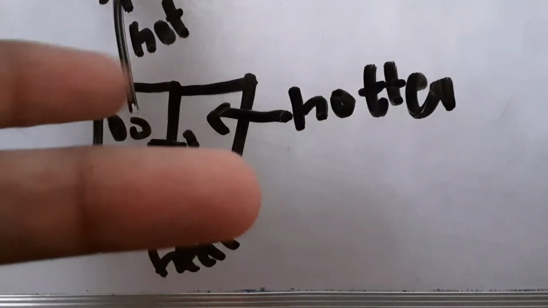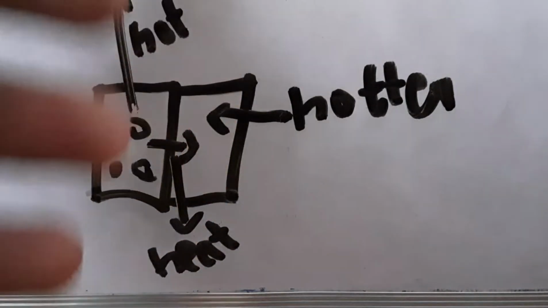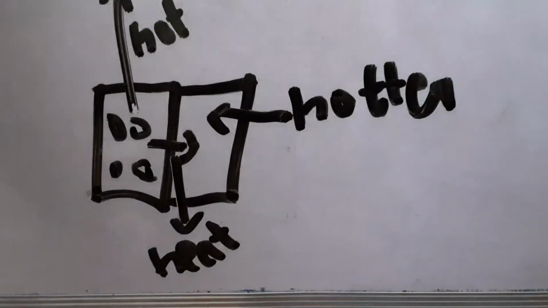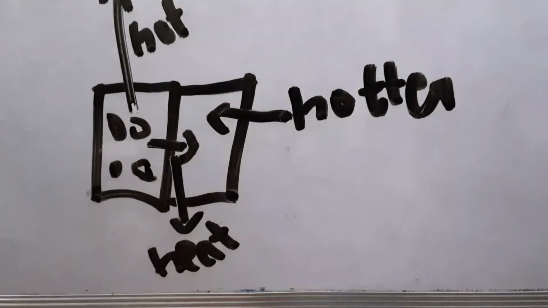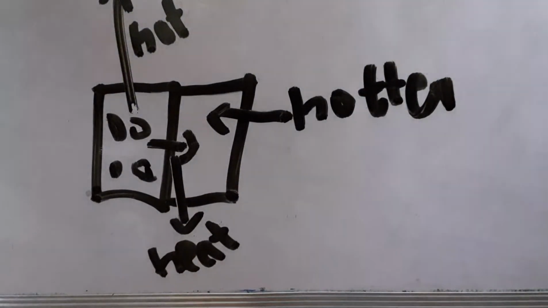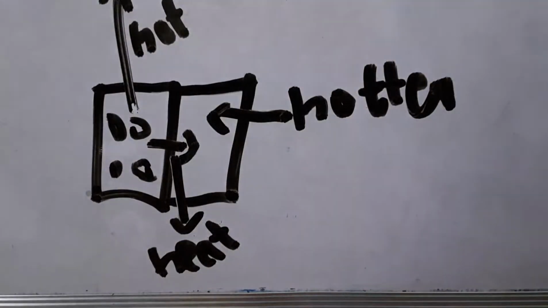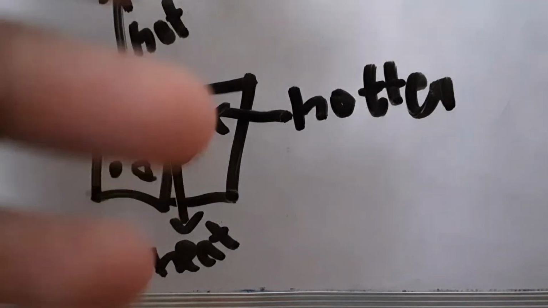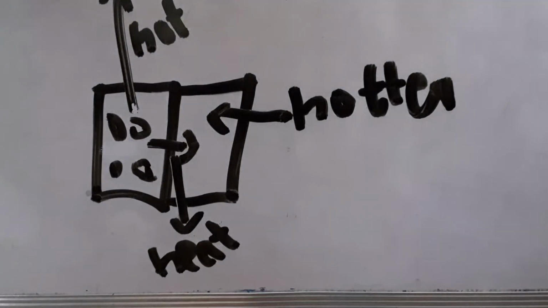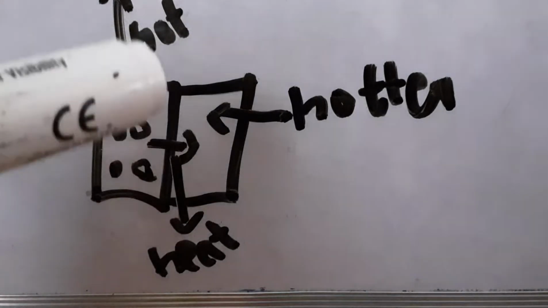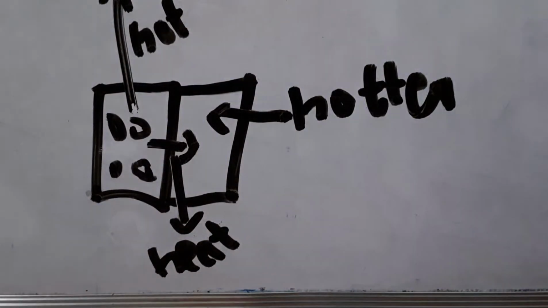The first one is conduction, the second one is convection, and the third one is radiation. All three of them are very different from each other, and they are the types of how kinetic energy will transfer.